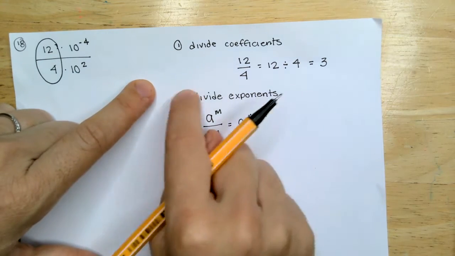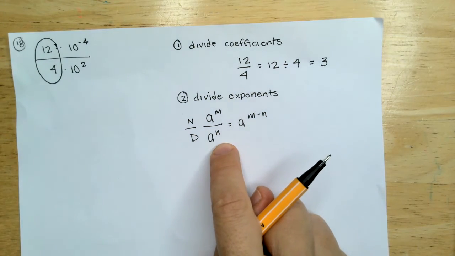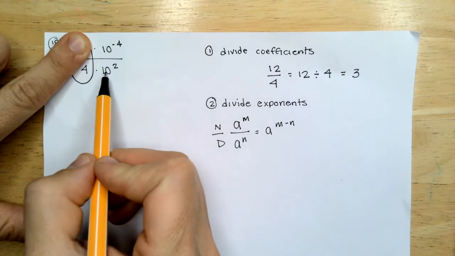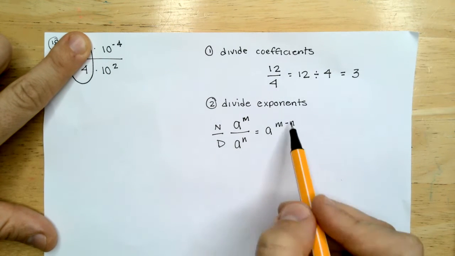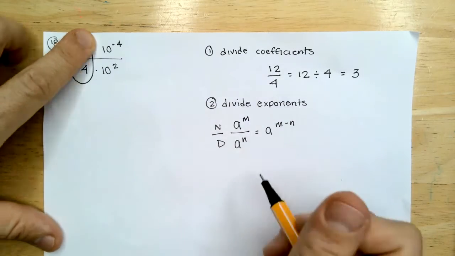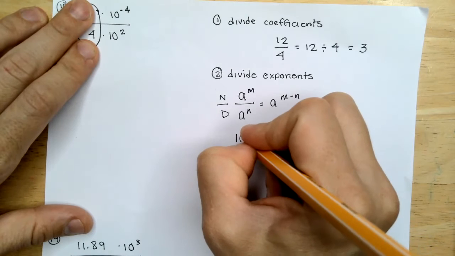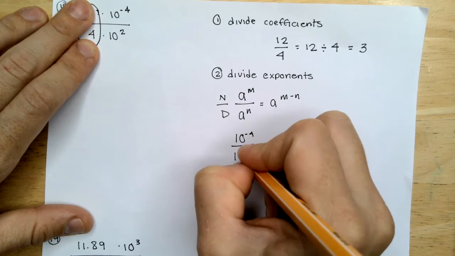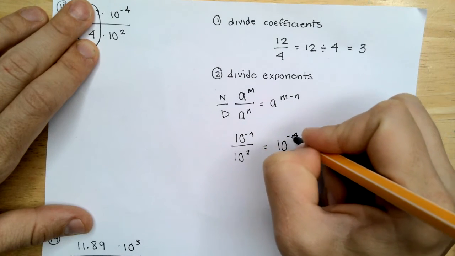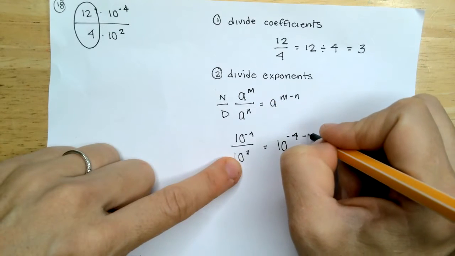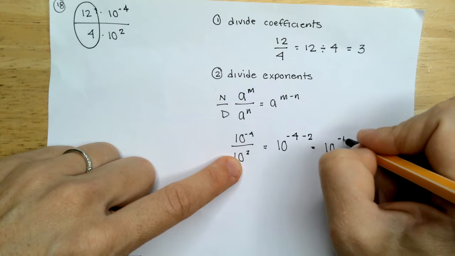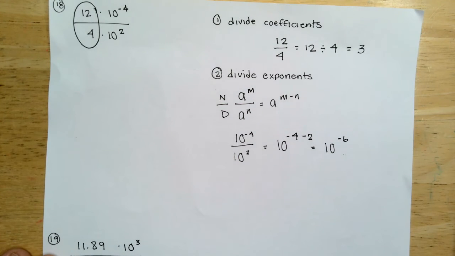So we're going to use the rule for dividing exponents to solve 10 to the power of negative 4 divided by 10 to the power of 2, okay? So that's that same rule for dividing exponents, and our base is always 10. So that means 10 to the power of negative 4 divided by 10 to the power of 2 is, keep the base, negative 4, and then we're going to subtract positive 2. Good. Negative 4 minus 2, negative 6. Good.